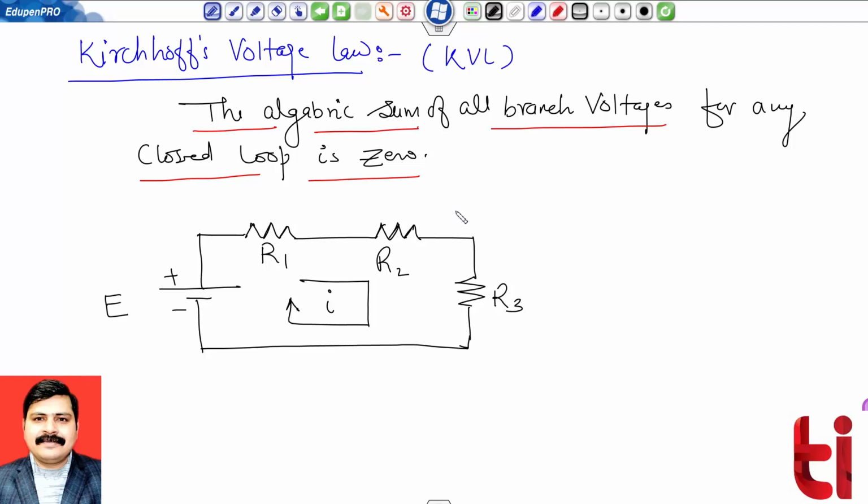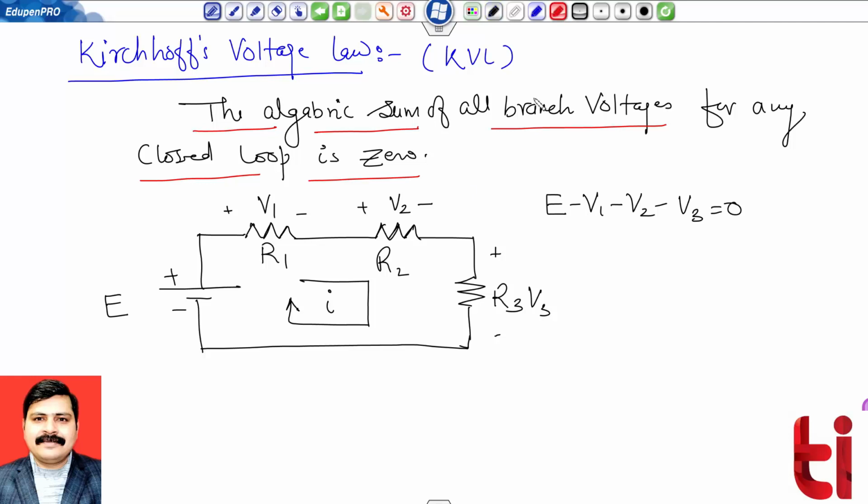With reference to this, suppose the voltage across the resistances are V1, V2, and V3. Then one can say the algebraic summation is: E minus V1 minus V2 minus V3 equals 0, where V1, V2 and V3 are the voltages across resistances R1, R2 and R3 respectively.